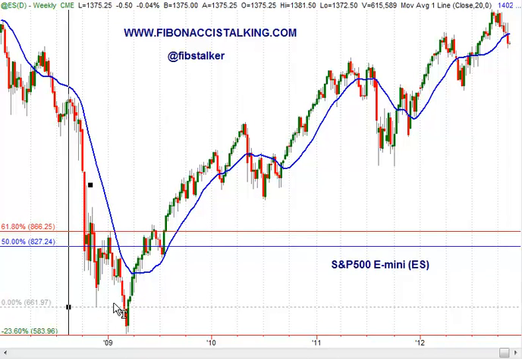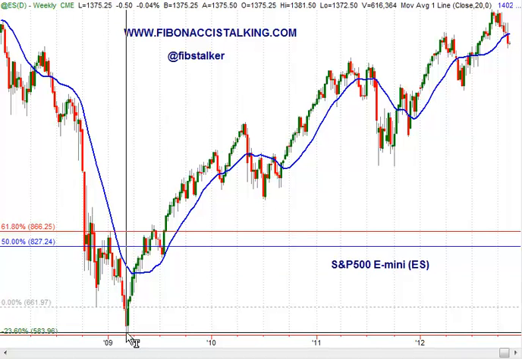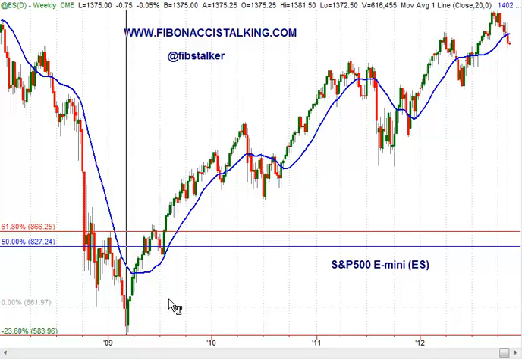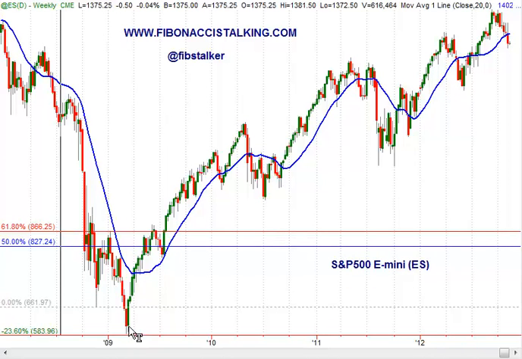We had this measured move. We had a price getting very close to the 583 target, and we got, as you remember, to the 589.50. You have to consider this is a continuous contract, so prices are skewed. I think it was the 650 area in the March 2009 contract.